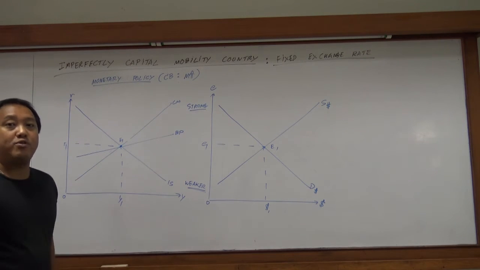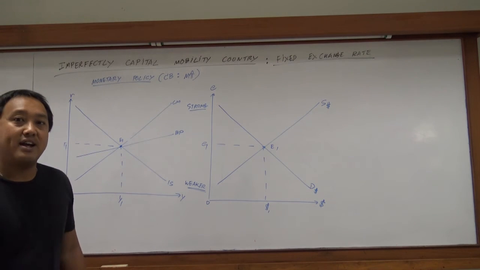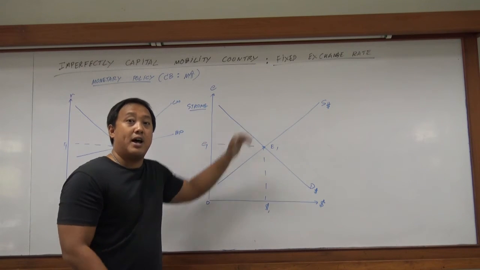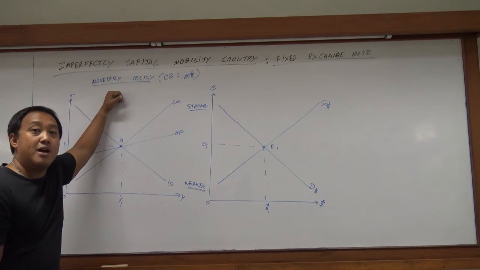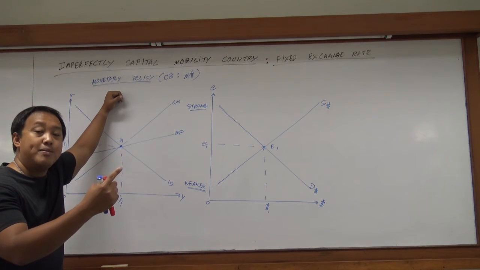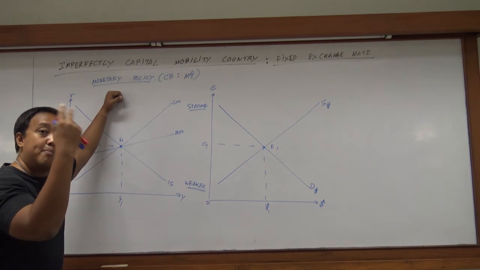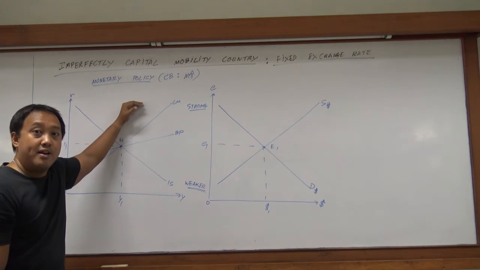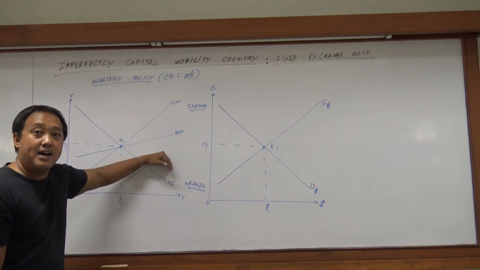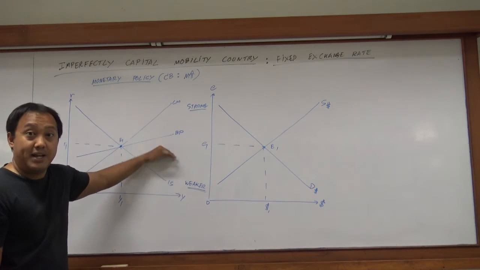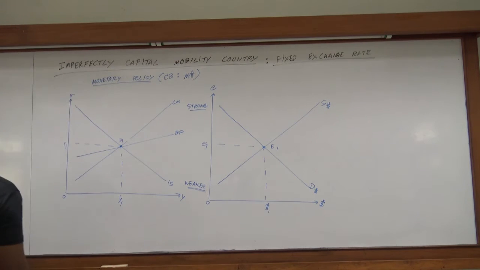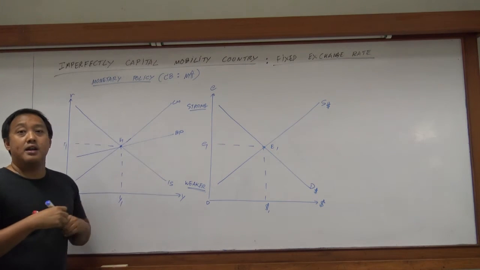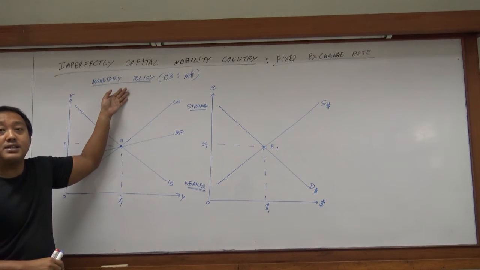We're always going to consider the two graphs together, because this one represents equilibrium in the currency market, how the value of the US dollar comes about, and on this one we consider equilibrium in the output market, the money market, and the balance of payments. Three markets at the same time, because we have three curves: the IS curve, the LM curve, and the BP curve. Got that?